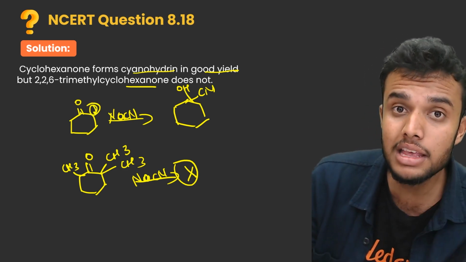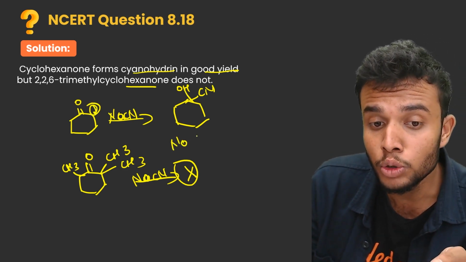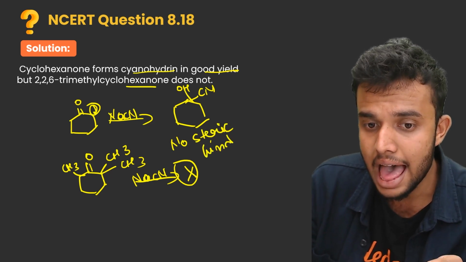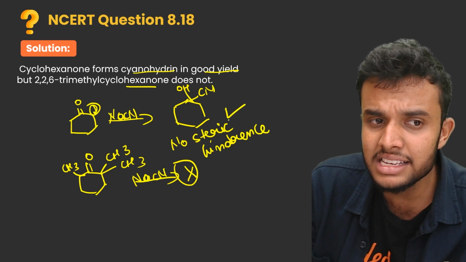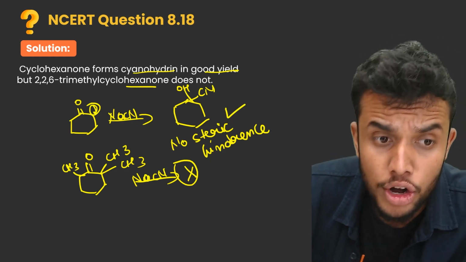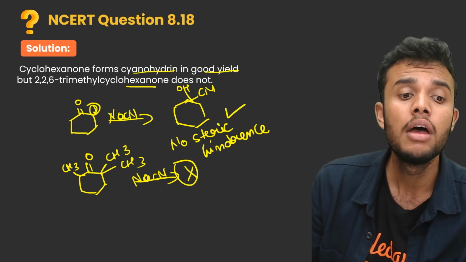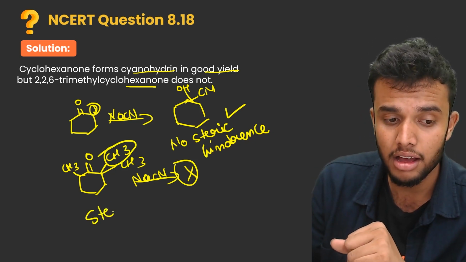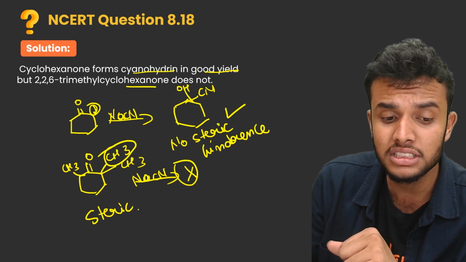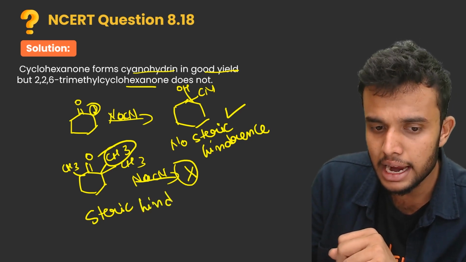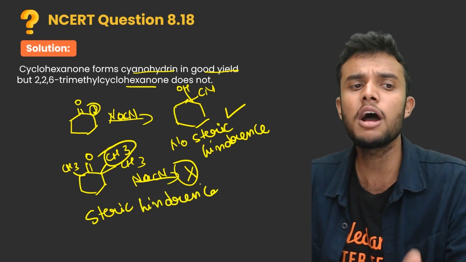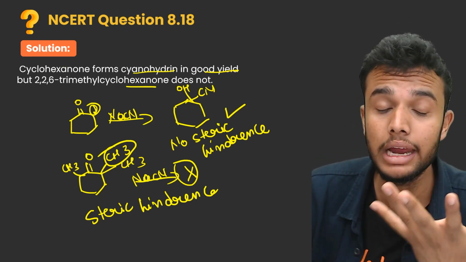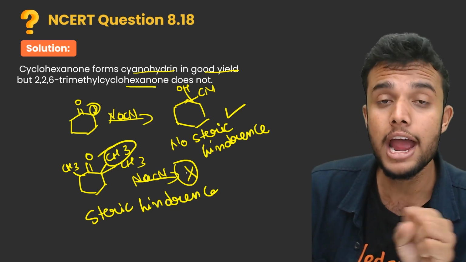In this compound there is no steric hindrance, and it forms cyanohydrin in good yield. But in this compound, an alpha substituted methyl group is there. That's why this methyl group produces steric hindrance. That's why 2,2,6-trimethylcyclohexanone does not form cyanohydrin.